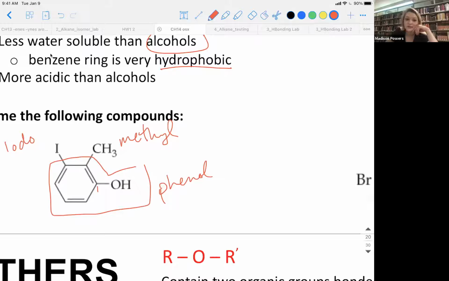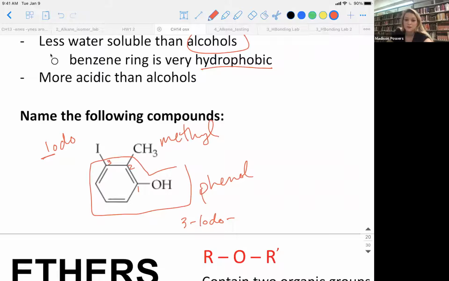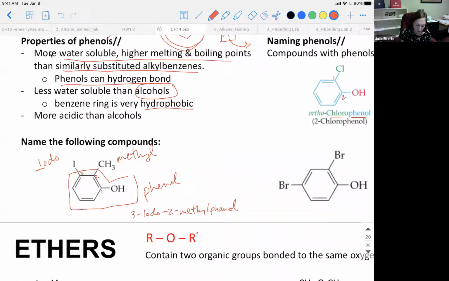Since it's in a ring, we wouldn't say 1 though. You just say phenol; you omit the 1. Looking at it alphabetically, iodo has to go first, and that's on carbon 3. So it should be 3-iodo, and then what? Y'all finish it for me. 2-methyl phenol. Yes. No dash between methyl and phenol; it's just one word. 3-iodo-2-methylphenol.